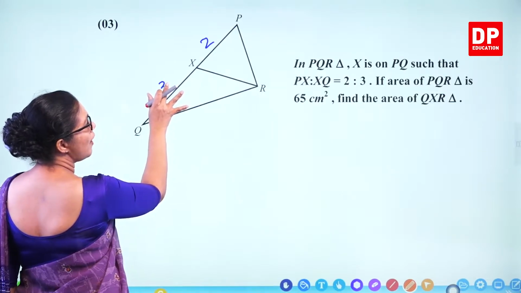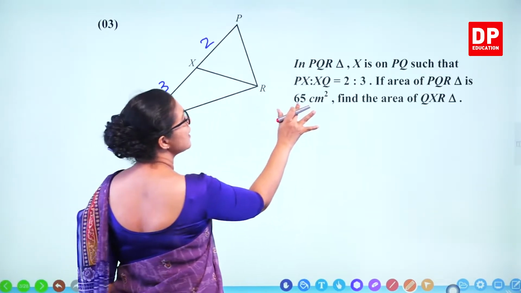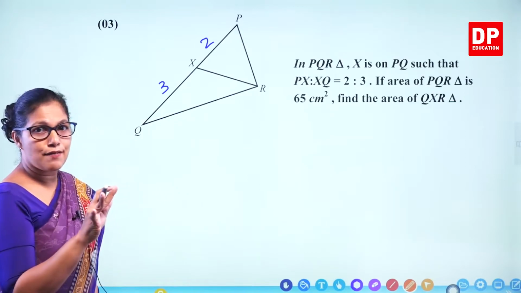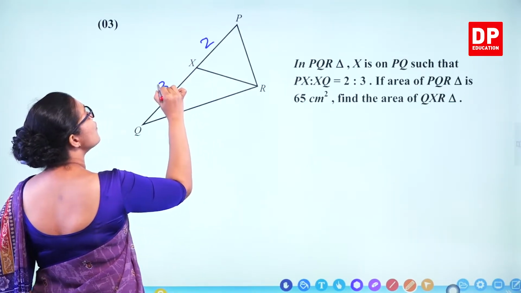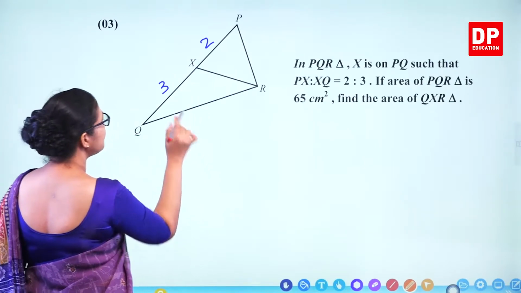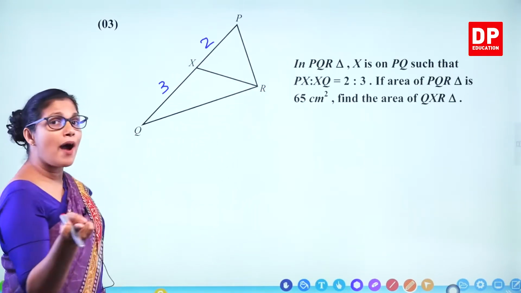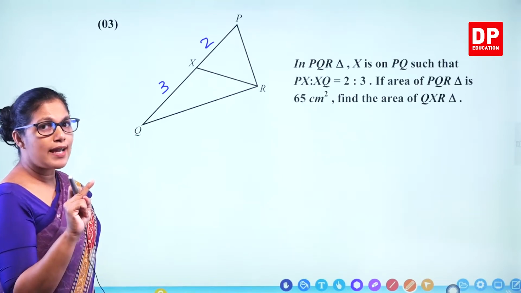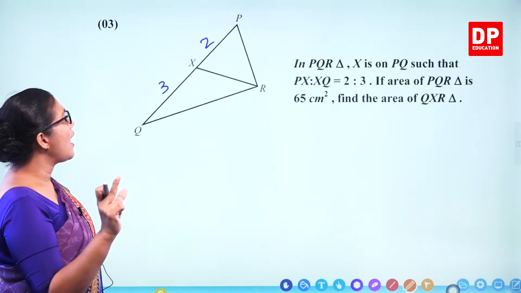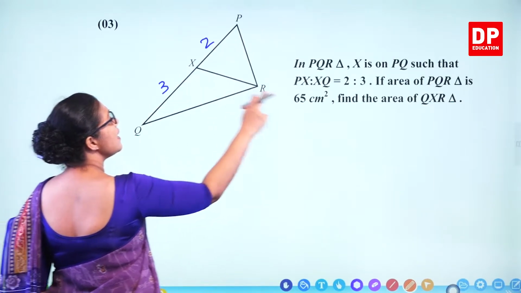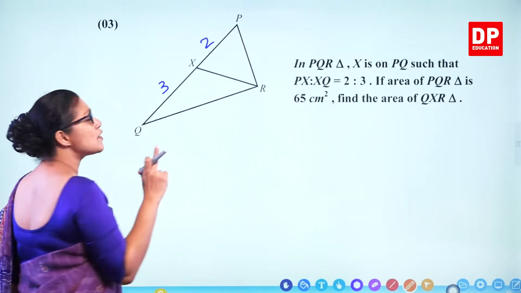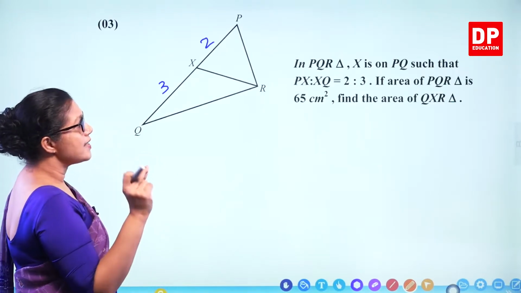So you need to find 3 parts of the full thing, because full is 65 and this is 3 over 5 as a fraction. Because of the same height, the area of the triangle differs only from the base. Here the base is 3, for the full thing the base is 5. So we are taking the ratio.